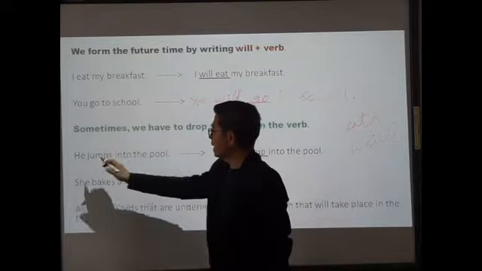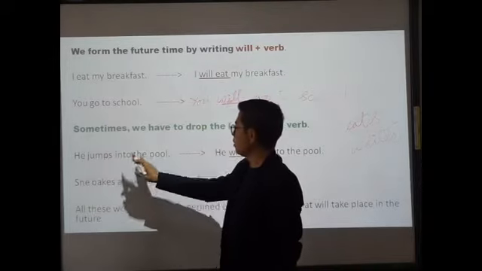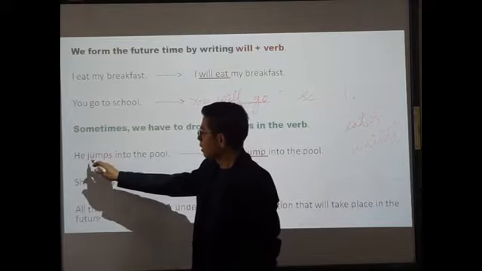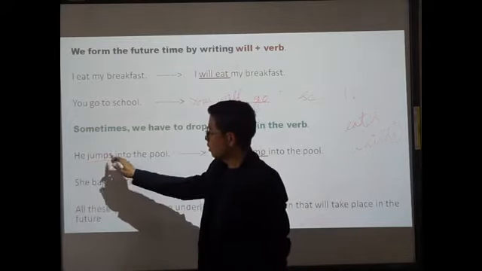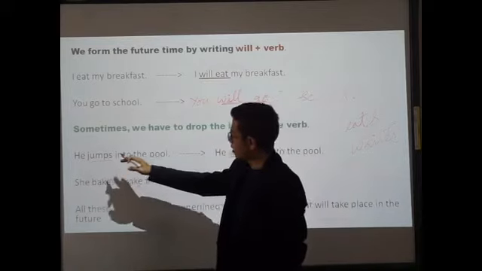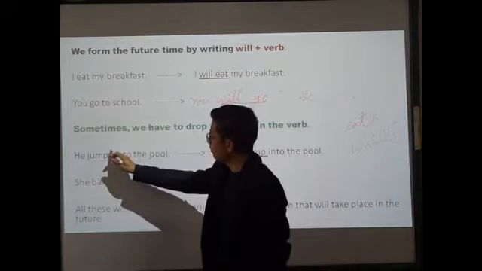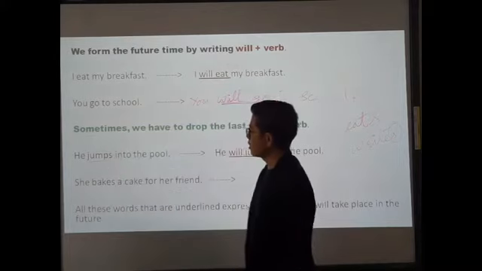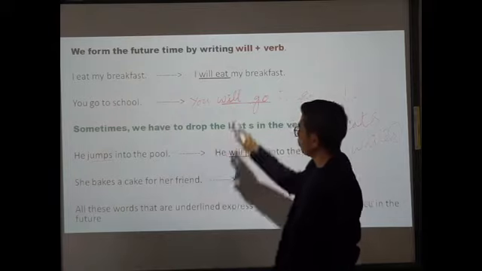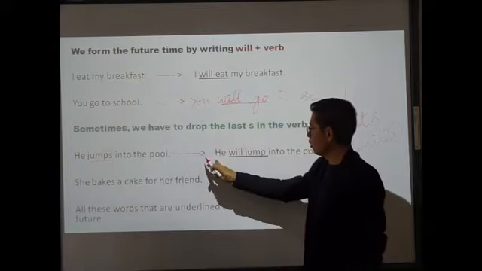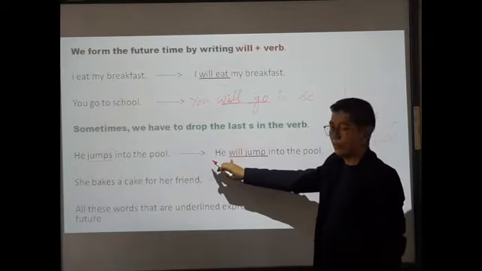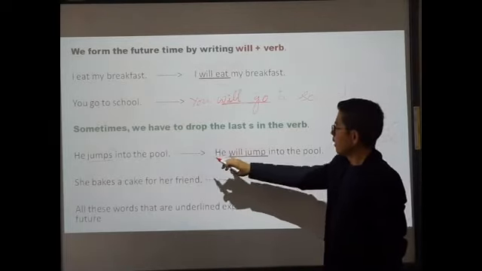For example, he jumps into the pool. He jumps. You can see jumps is the verb. Now, in order to make this in the future, remove this s. He will, because will comes before the verb.